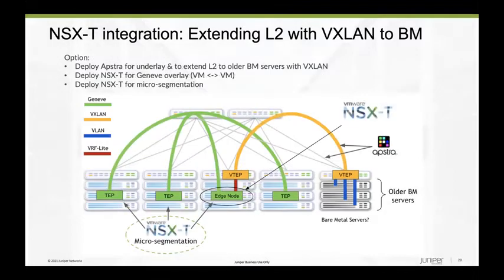So here we now have a customer that has older bare metal servers where I can't install that NSX agent onto it. So I can't extend Geneve to these older bare metal servers. I'm talking physical workloads now, applications that are running on these bare metal servers. In this instance here, I'm actually describing an extension of layer 2 between the physical and the virtual workloads.